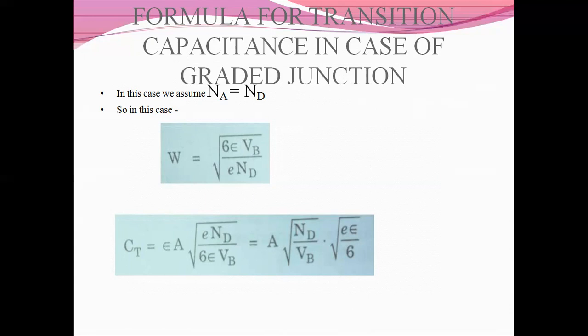In this case, we assume donor and acceptor numbers are equal, so that the W value will be equal to root of 6 epsilon V_B divided by e ND, so that the transition capacitance is given as epsilon A root of e ND divided by 6 epsilon V_B, which is equal to A into root of ND divided by V_B into root of e epsilon divided by 6.